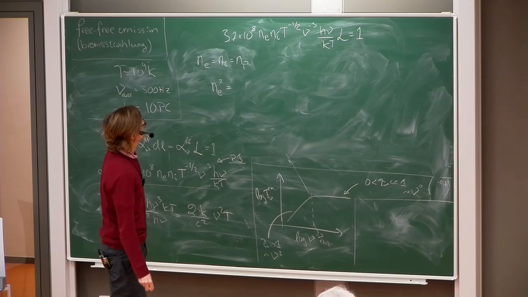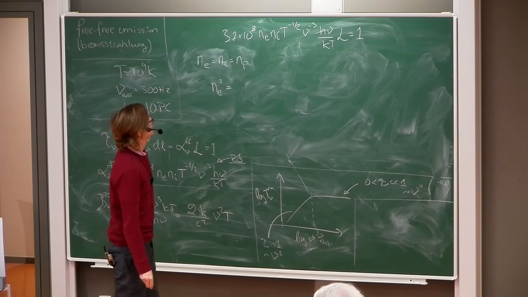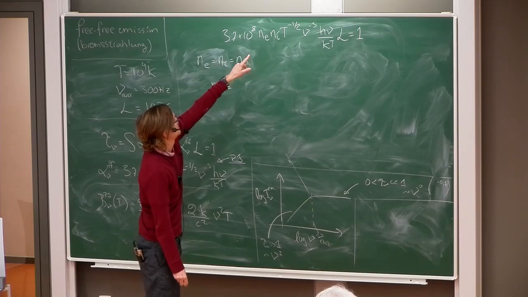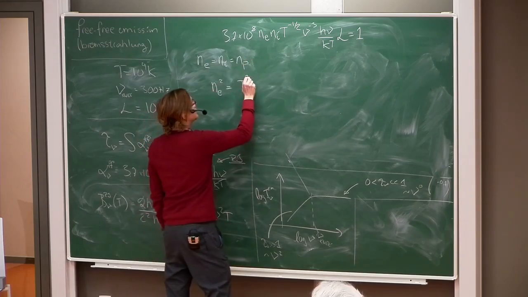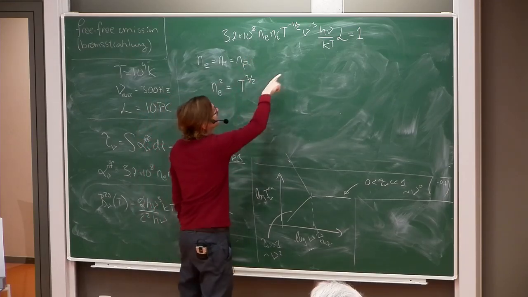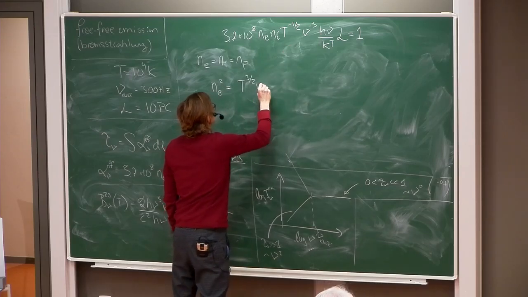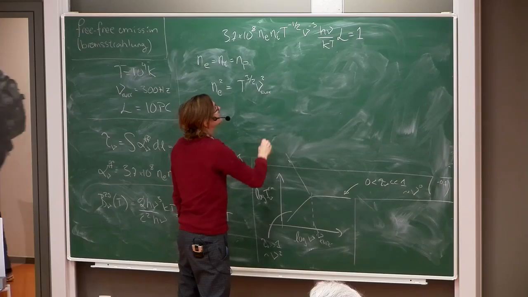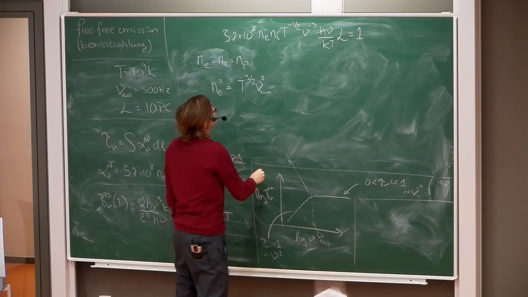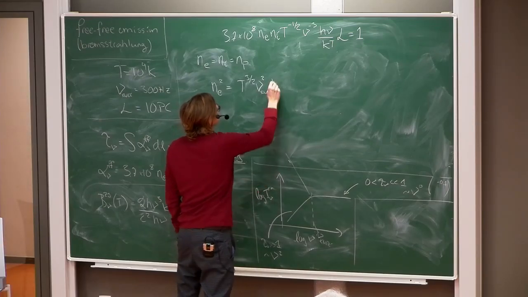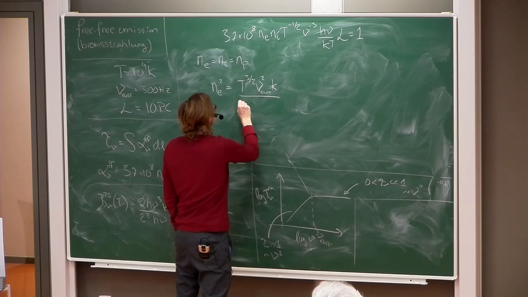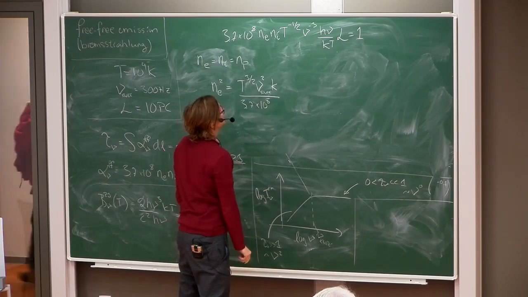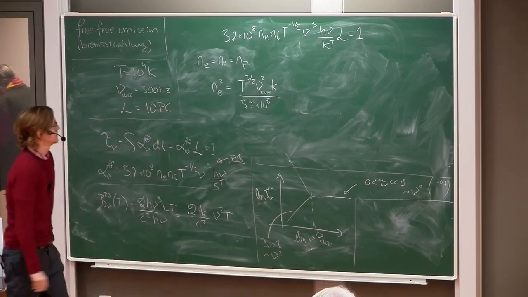What's it going to be like, really? Well, this is minus 3, so we're going to have T to the 3/2, right? And then we have a nu to the minus 2, so nu N_I, whatever that was, 2, right? And we're going to have a K coming up here, and there we're going to have 3.7 times 10 to the 8, and I might have forgotten something, okay?